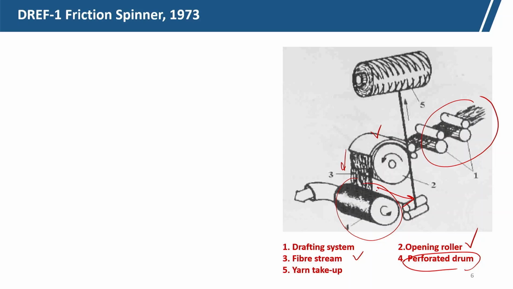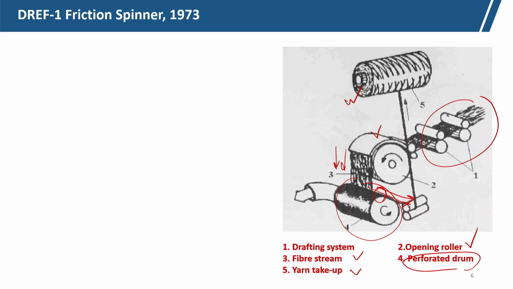Here the twisting takes place due to the friction with the perforated drum, and the yarn is pulled in the perpendicular direction to that of the fiber direction. So that is the yarn take-up, and ultimately we are forming the yarn.